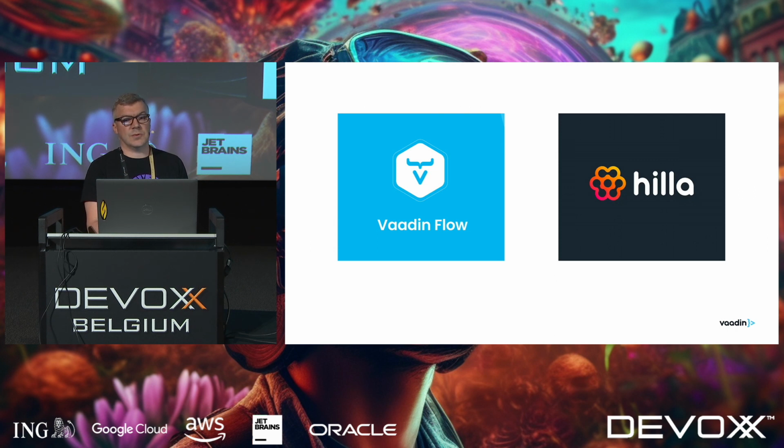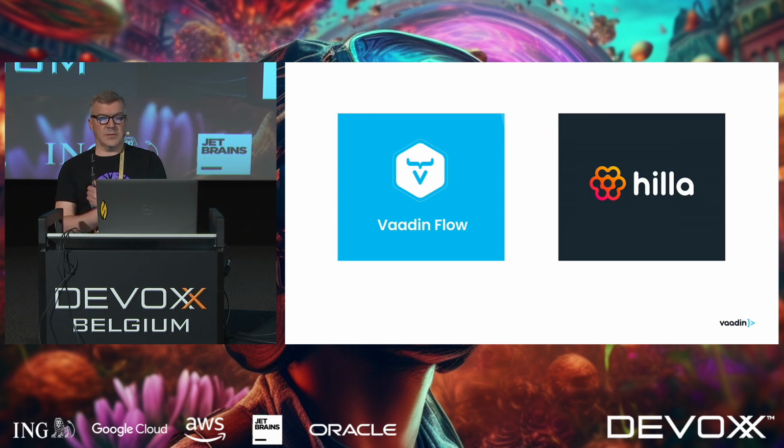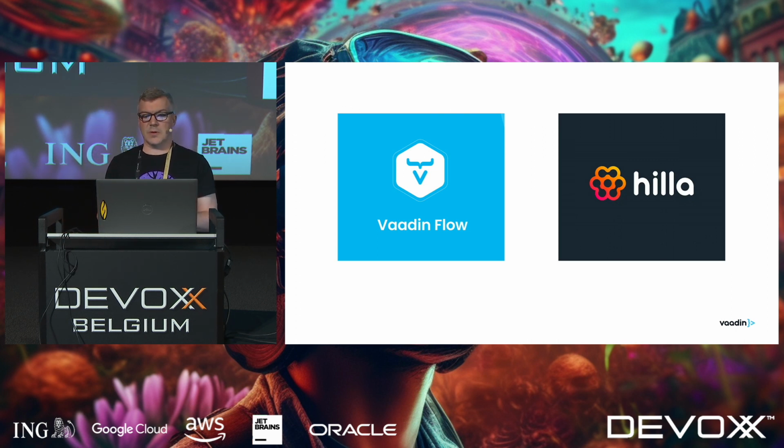Vaadin introduced the server-side framework 6, built on top of GWT in 2008. Flow was a complete rewrite of the framework technology based on emerging web standards, and it was released in 2018. So Vaadin 6, Vaadin 7, Vaadin 8, and then Vaadin Flow brand new in 2018.